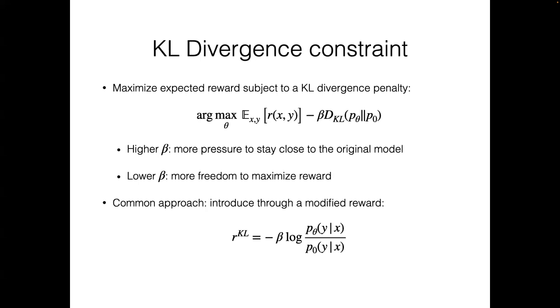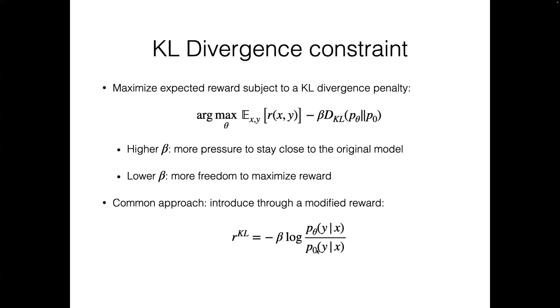And so one common approach to actually do this is to introduce this penalty into the reward function. So you would basically have the reward from your reward model, and then you just add in this KL reward. And here's what it looks like. So here you have this beta term, and then you have log, and you have your model's probability on the output that's been generated.